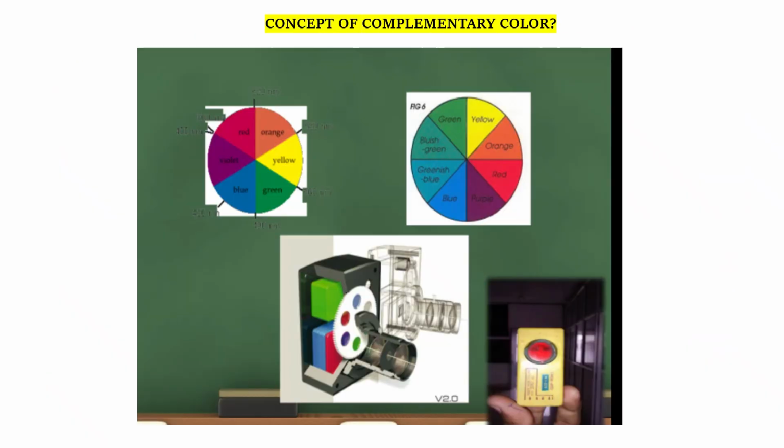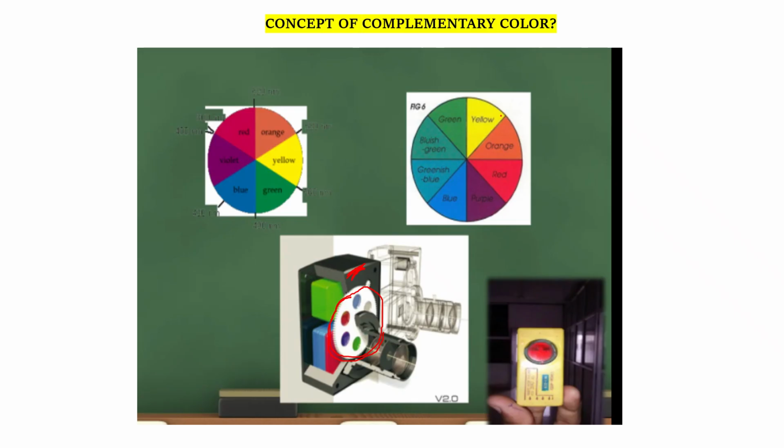Here you can see the color wheel, and here is the color wheel which has been fitted into a colorimeter. You set the wavelength by rotating this knob in this manner. So this is how it looks.